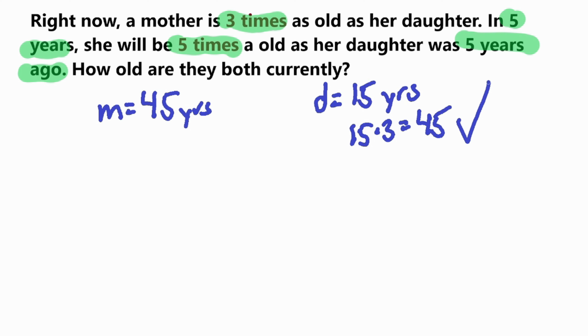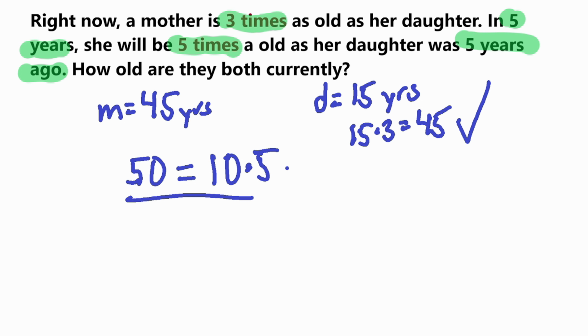So in 5 years, the mother will be 50. And 5 years ago, the daughter would be 15 minus 5, 10 years old. And then 10 times 5 is, as a matter of fact, 50. So this means that our answers were correct.